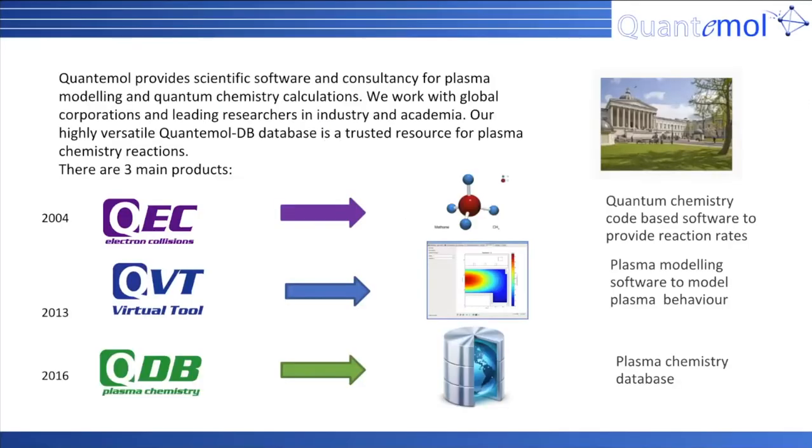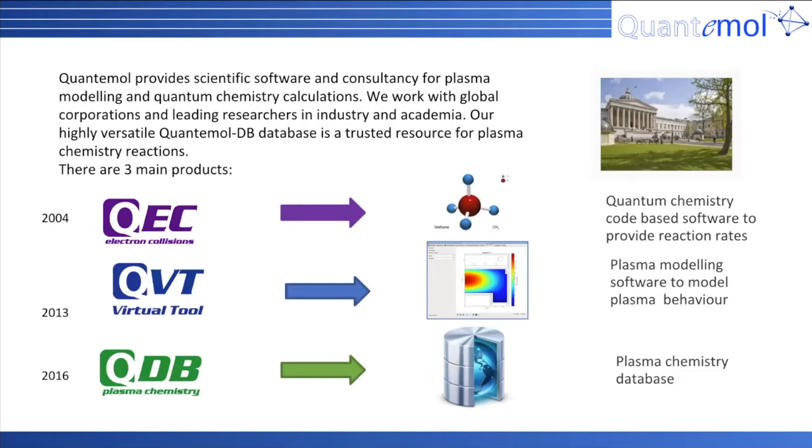Before I get to the talk proper, let me first introduce our company, Quantemol. We are a company affiliated with University College London. Essentially what we do is transfer academic research to non-experts, for example in industry, but also in other academic fields, who want to use plasma simulations but are not numerical plasma physicists themselves.